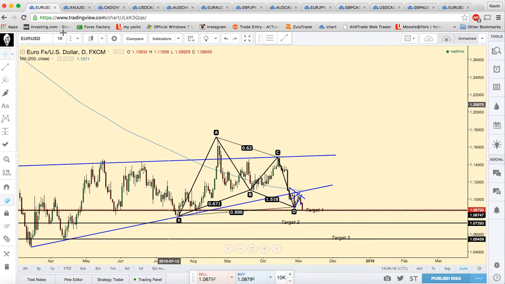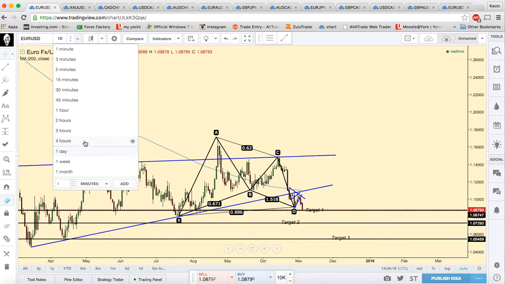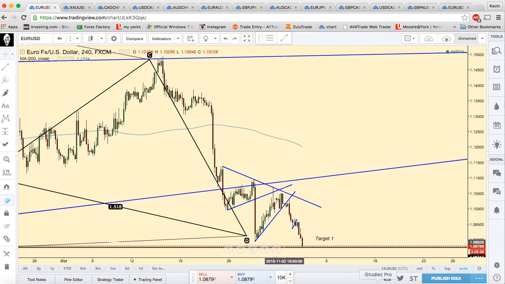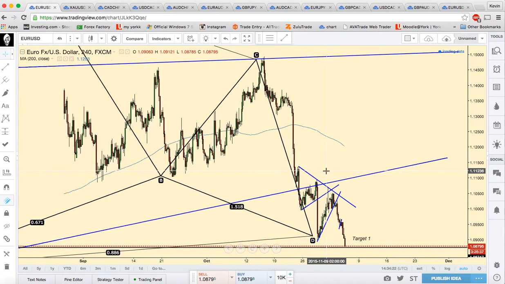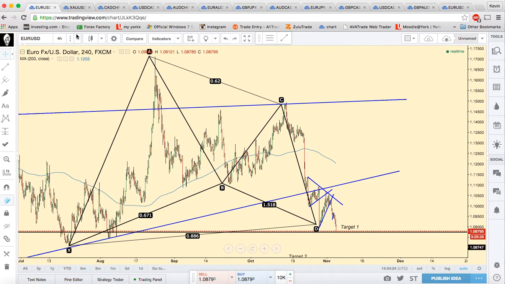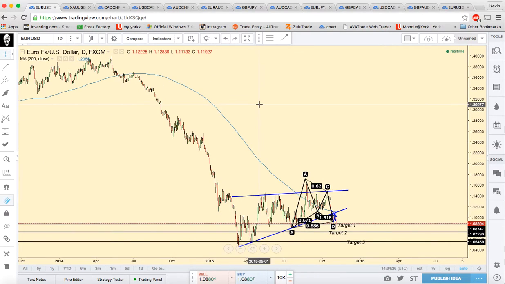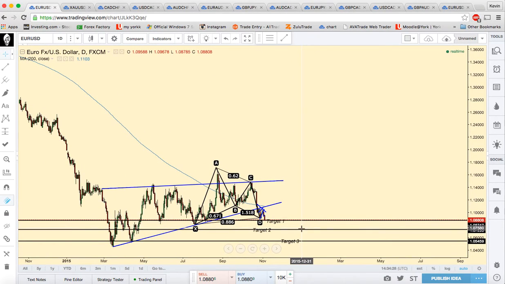So I have to go on the lower time frame and see if it's turning around or going to its second target, which will be around this area, 1.07418. So that's that.